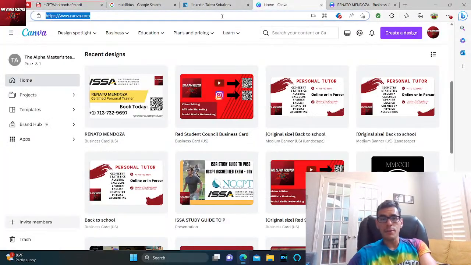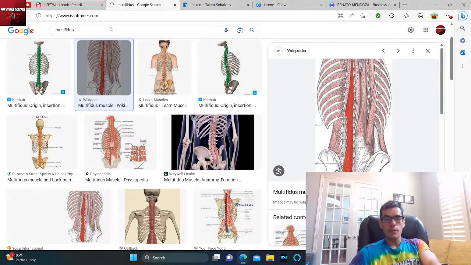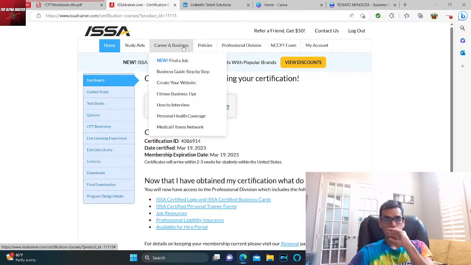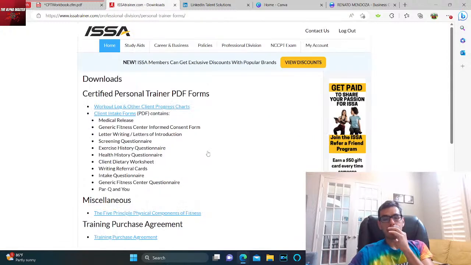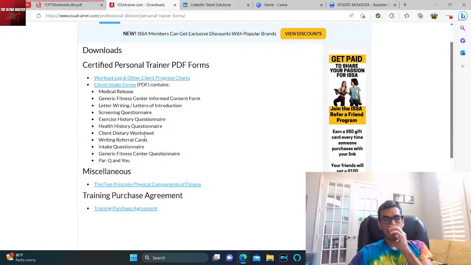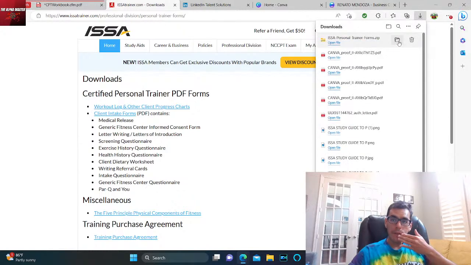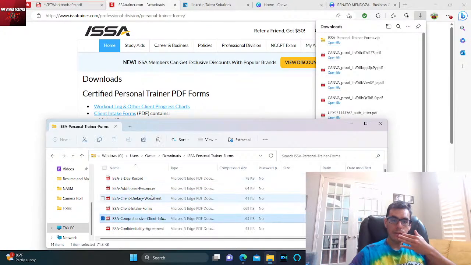But I also wanted to see something before continuing. We just finished chapters 7 and 8. Now we're going to do chapter 9. You have the 35 personal training forms: the client assessments, the client dietary worksheet, the medical release, the client intake forms. Here they are, all of the client intake forms. The three-day dietary record.